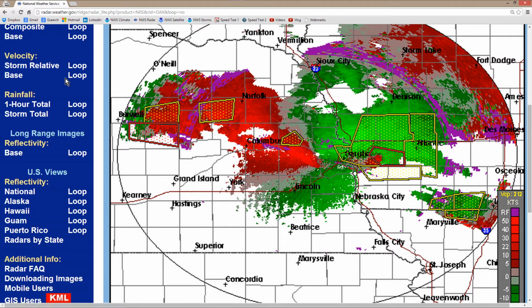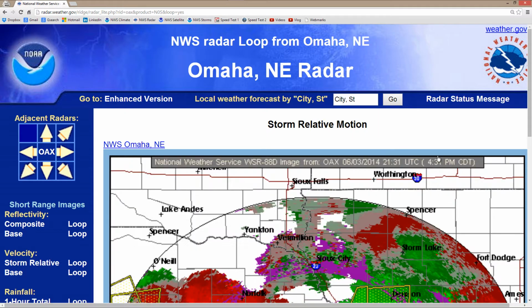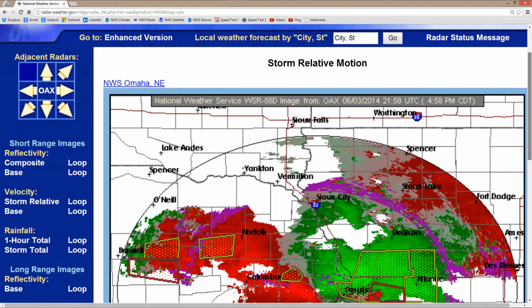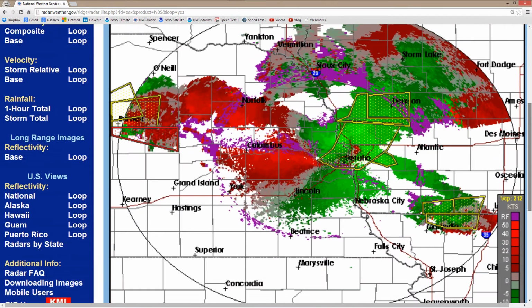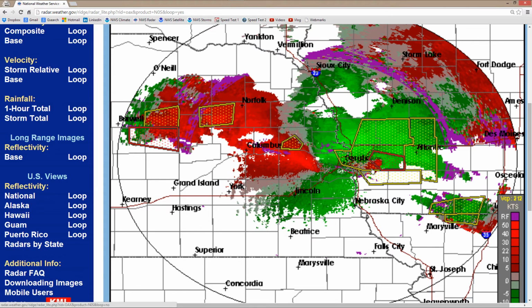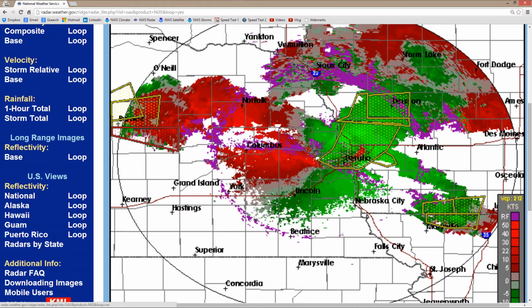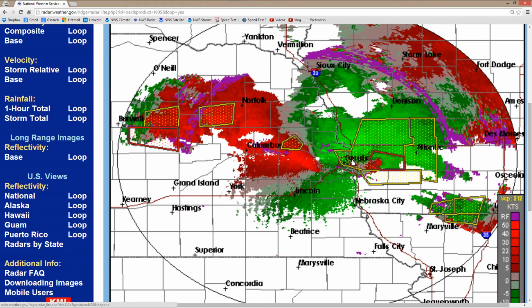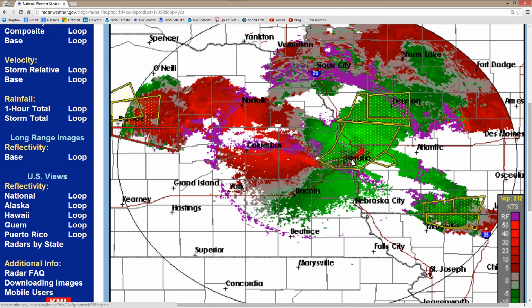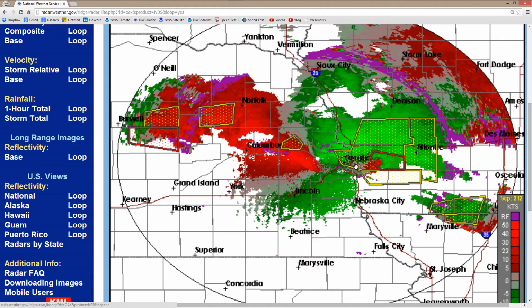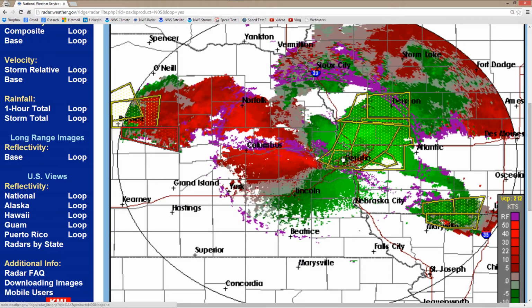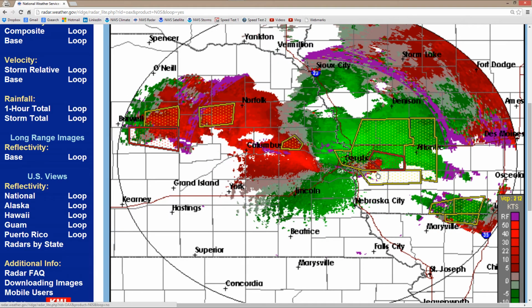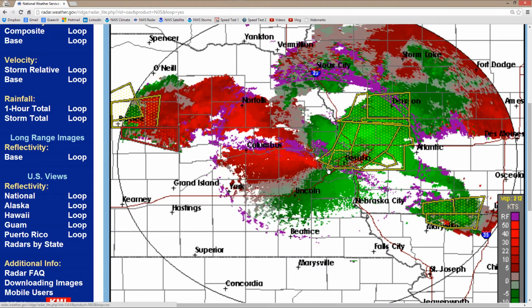Now let's try and look at a loop instead and see if we can take a look at the evolution of this rotational mess. See how that sort of appears just to the north and east of Omaha, and now it's kind of moving down and curving down a little bit like that.